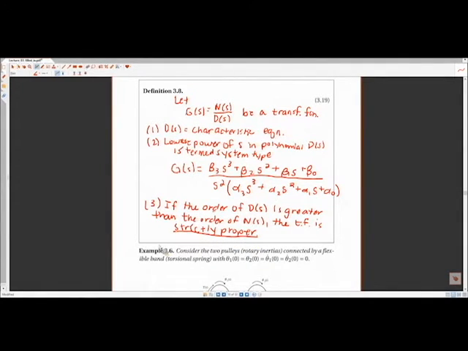The other cases are, let's put a bullet point here. If the order of D of S is greater than or equal to the order of N of S, our numerator polynomial, we call that proper. And let's make a small note over here.